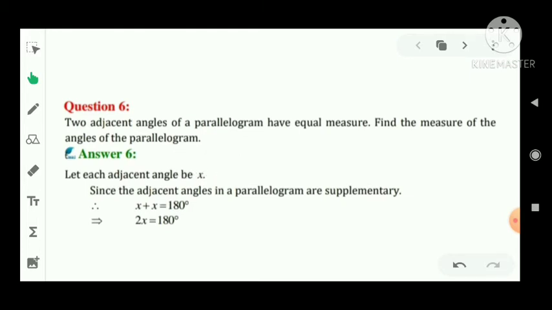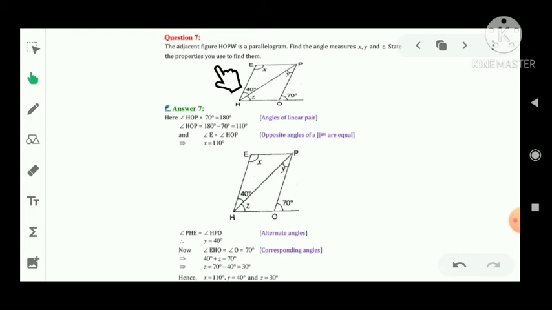Let's see the next question. Question number 7: in the adjacent figure HOPE is a parallelogram. You can see this is the parallelogram's figure. In this figure we have to find the values of x, y, z by using the properties of the parallelogram. In this question, students, you can see here O's value is 70 degrees, but it is an exterior angle.